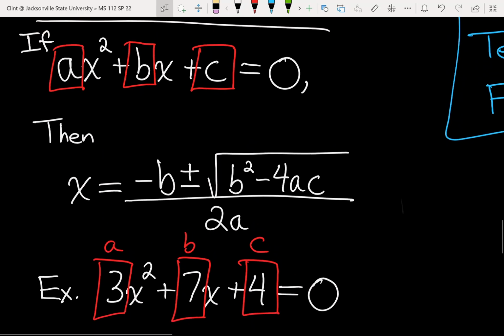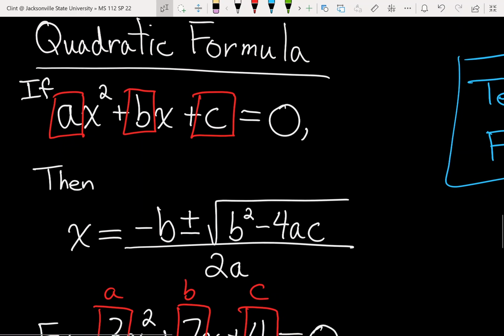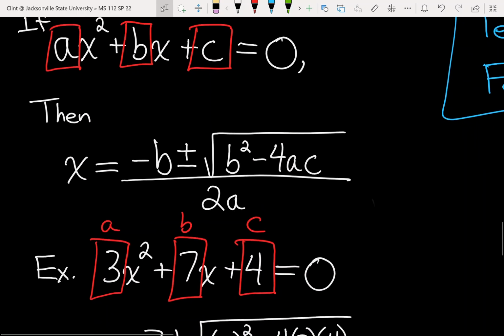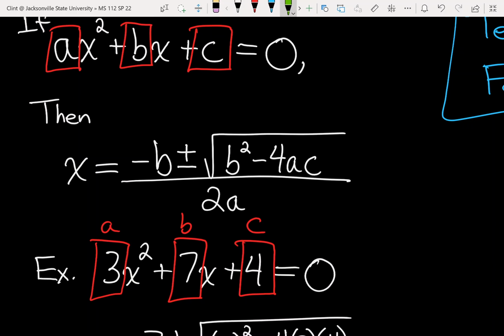So if we're working with the quadratic formula, and we've got our standard form quadratic equation there with the a, the b, and the c, the part that we call the discriminant is the part underneath the radical.